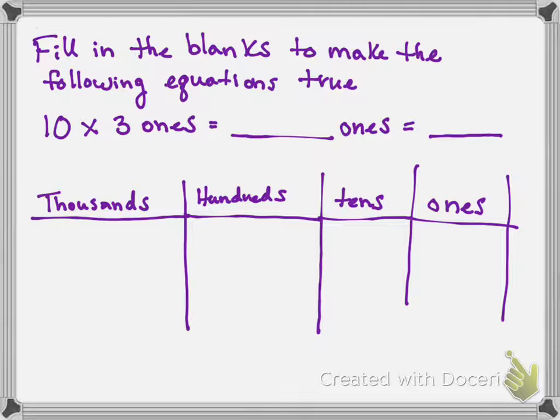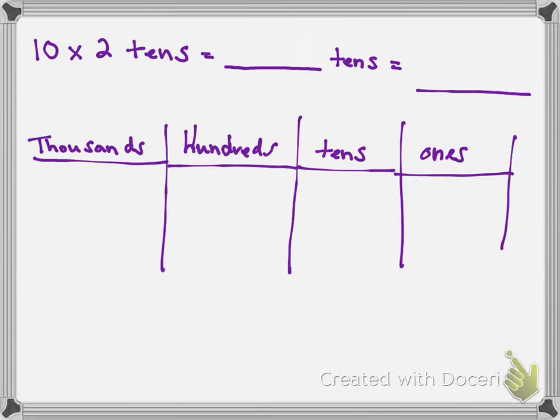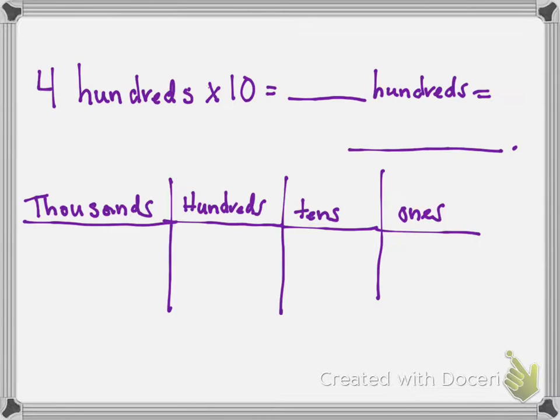Find the answer. Problem number 2. 10 times 2 10s is equal to how many 10s, which is equal to blank. Use the place value chart to help model this equation. 4 hundredths times 10 is equal to how many hundredths, which is equal to blank. Use your place value chart to model this equation.